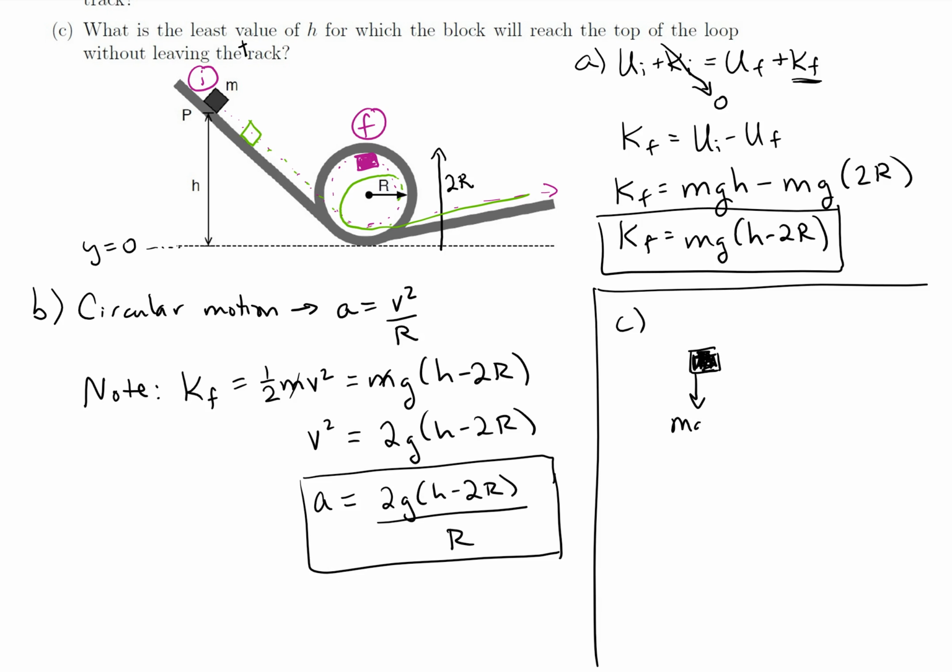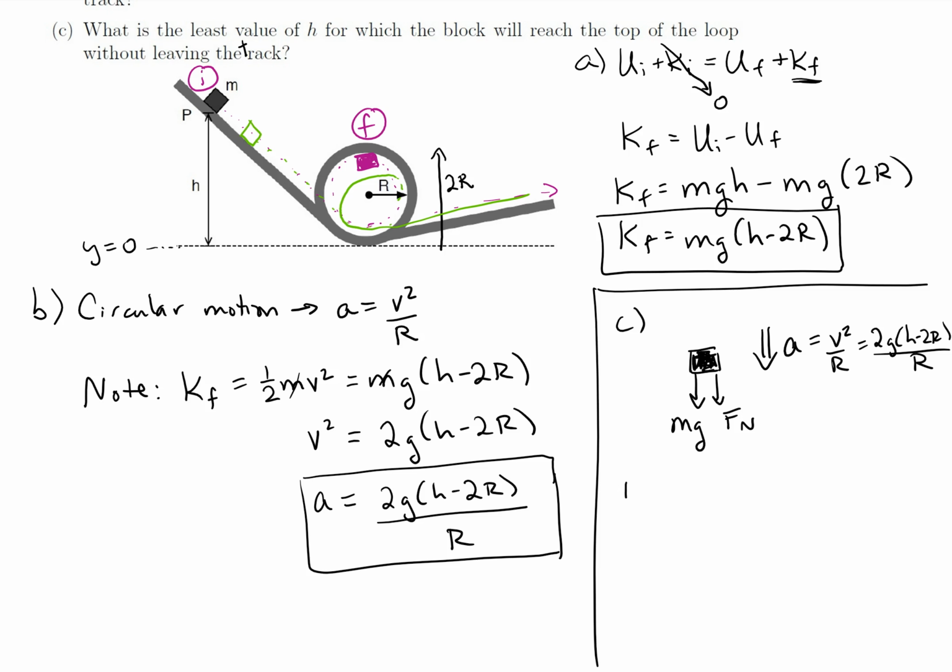It has a gravitational force acting on it, and it has a normal force from the track pushing it down. And the acceleration, as we said, is v squared over r, or this 2g(h minus 2r) over r. That's the centripetal acceleration that keeps it moving in a circle.